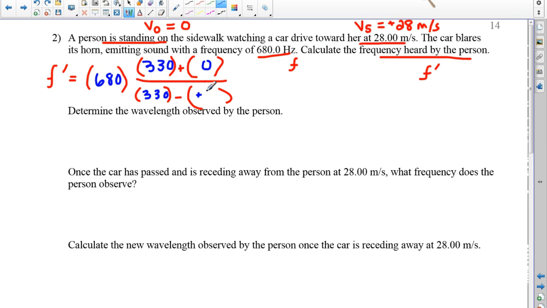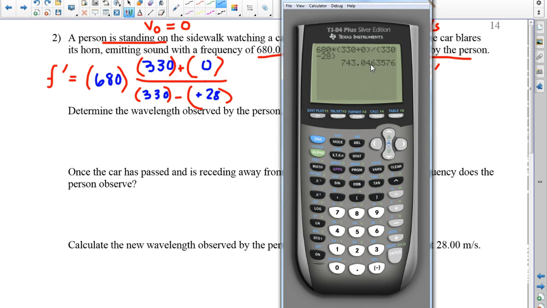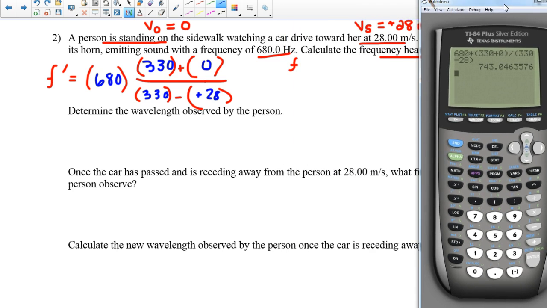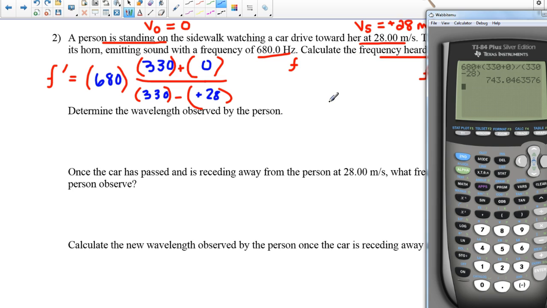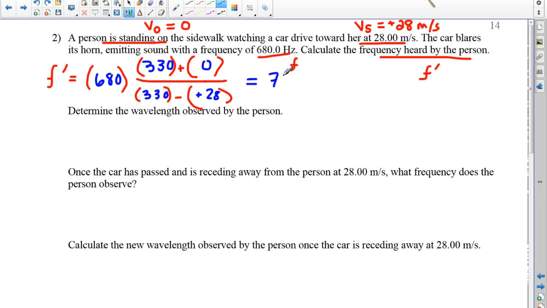So we're subtracting a positive 28. When you do this in the calculator, what do you get? 743.0. Note we should have 4 sig figs if we follow our sig fig rule, because all the givens have 4 sig figs. So 743.0. That's a frequency, so the unit is hertz.